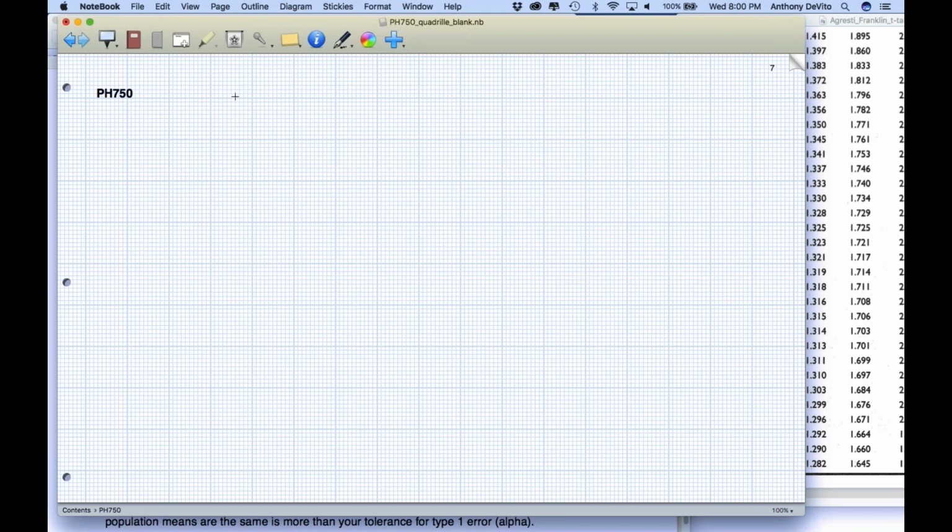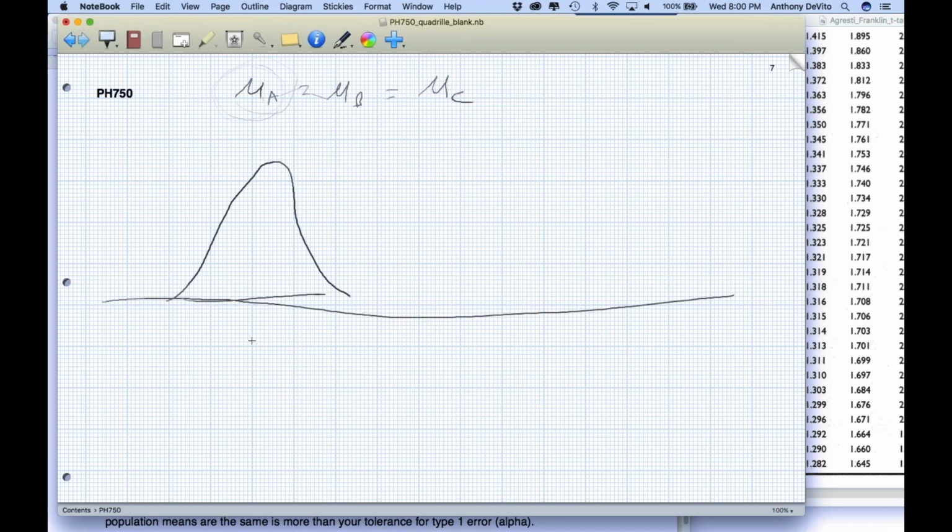Group A, mean for A is equal to mean for B is equal to mean for C. The distribution of samples that I might get for group A might look something like this, right? I'm going to make a number line here. Say this number line is 100, 110, 120, 130, 140, right?